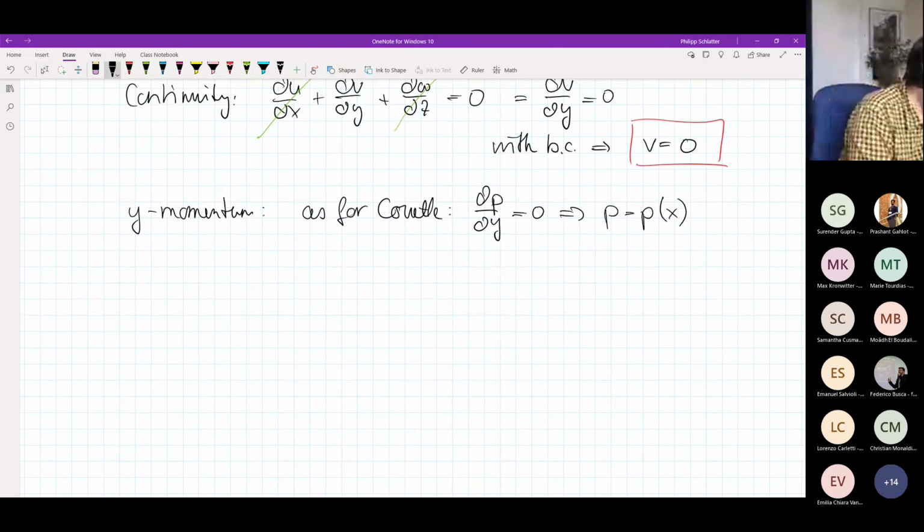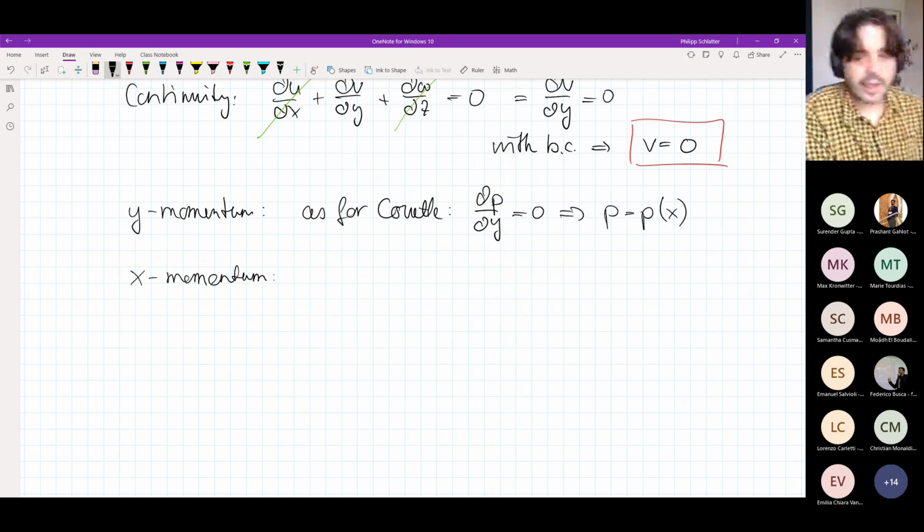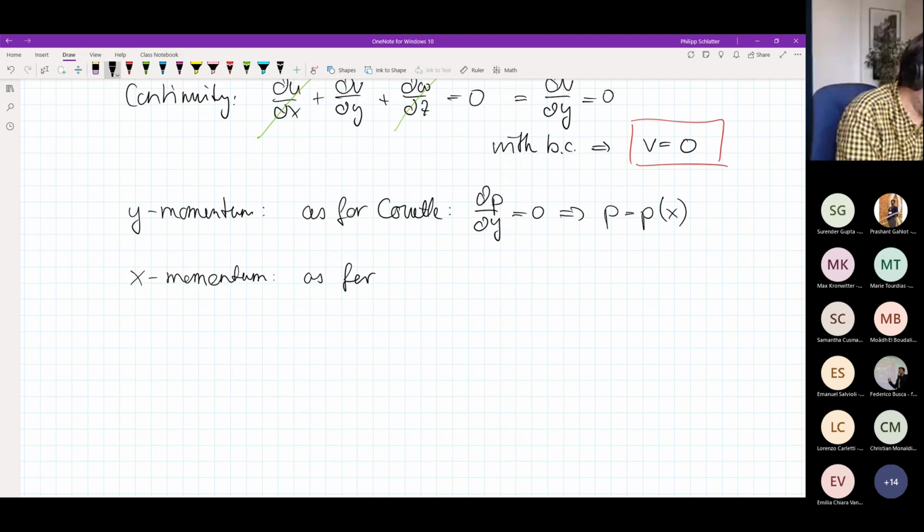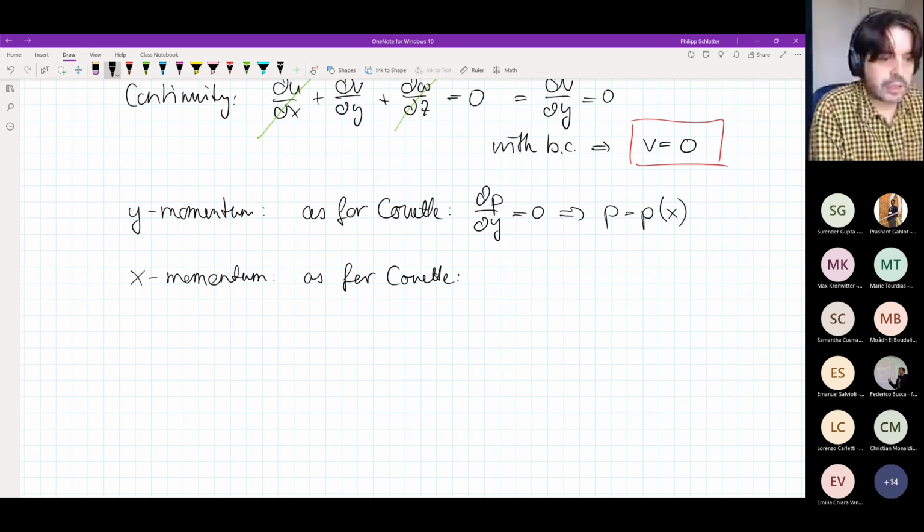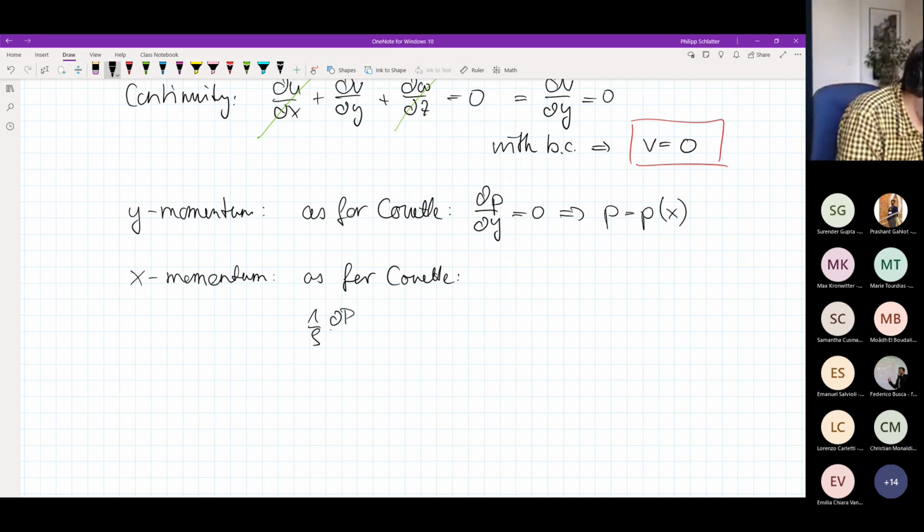Okay, but I guess we now need to go on and look at the x momentum equation. And also here, as for Couette, what we get as a result is that we have 1 over rho of dp dx is nu times d squared u dy squared.